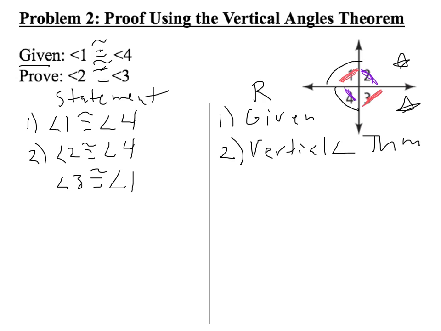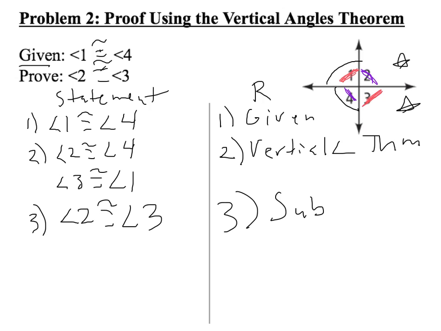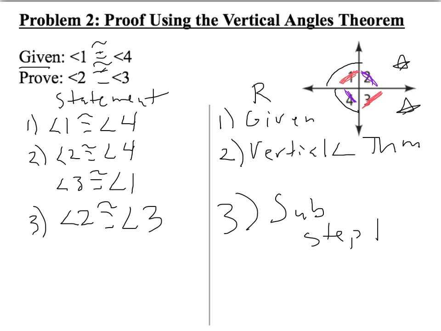So what I'm going to do for my next statement is say angle 2 is congruent to angle 3. The reason I can say that is substitution, and I'm going to write step 1. Because I'm using that statement to substitute in. Since I know angle 2 was congruent to angle 4, I substitute 2 in for 4.